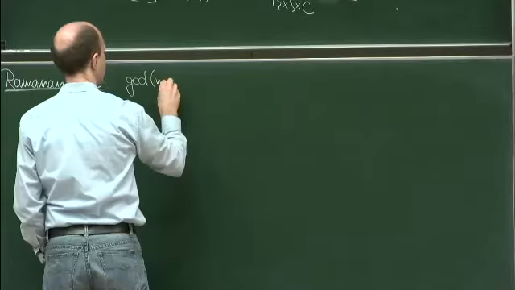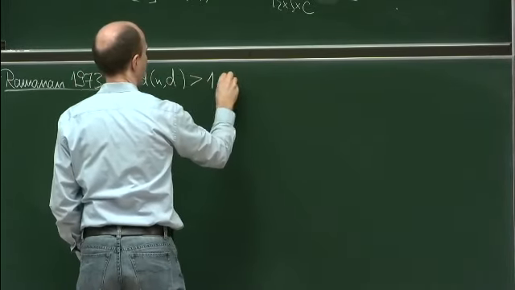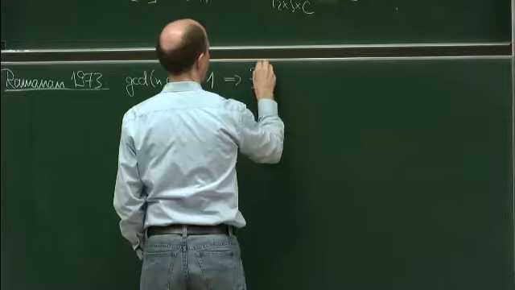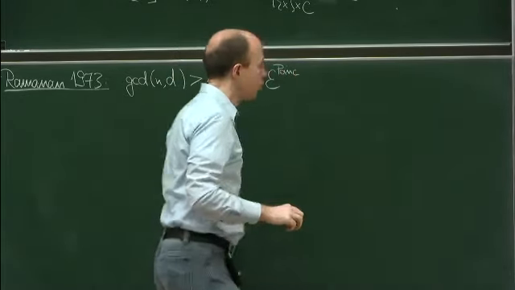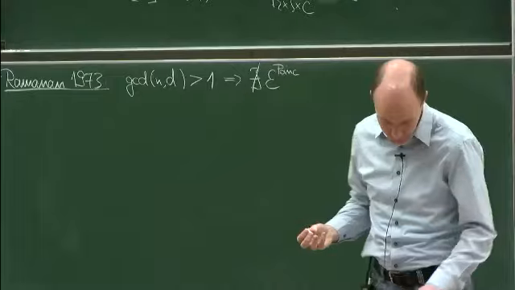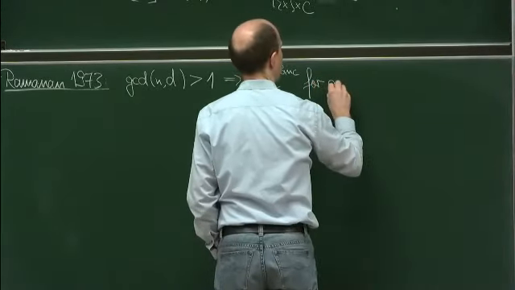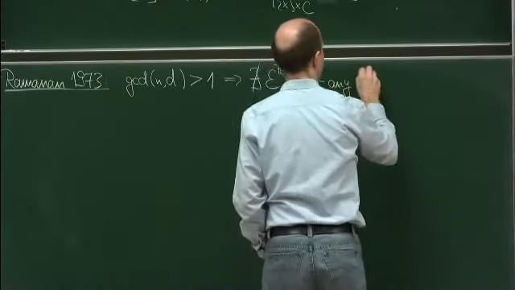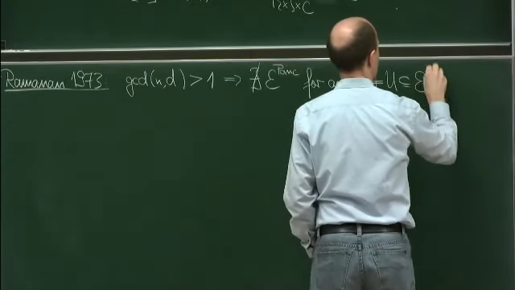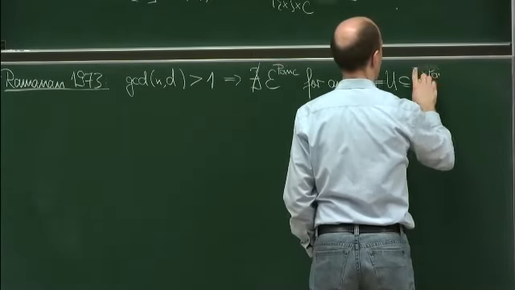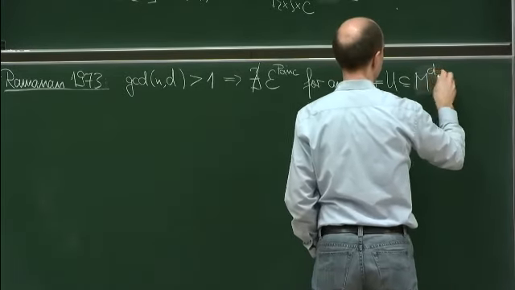So if rank and degree are not coprime, such a thing does not exist for any arbitrarily small non-empty Zariski open part of the moduli space of vector bundles of degree d and rank n.